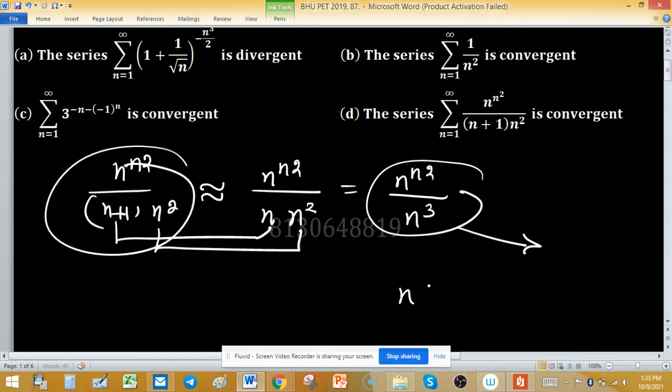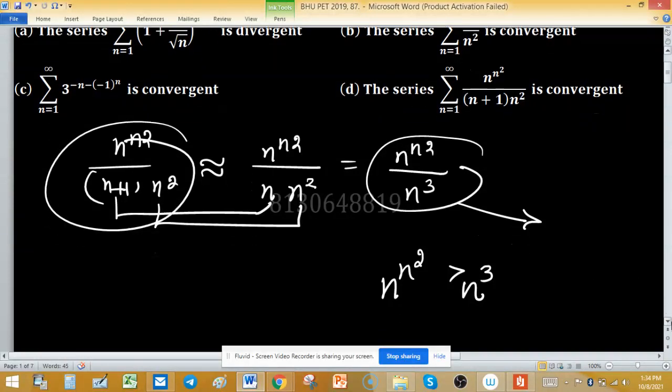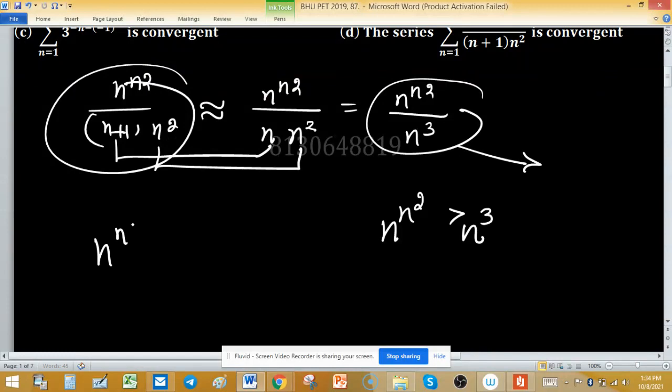As we know that n square is greater than 3, so taking the base as n, the inequality again holds. It means that n raised to the power n square is greater than n cube. That means if you divide by n cube, this one is increasing more rapidly than n cube.